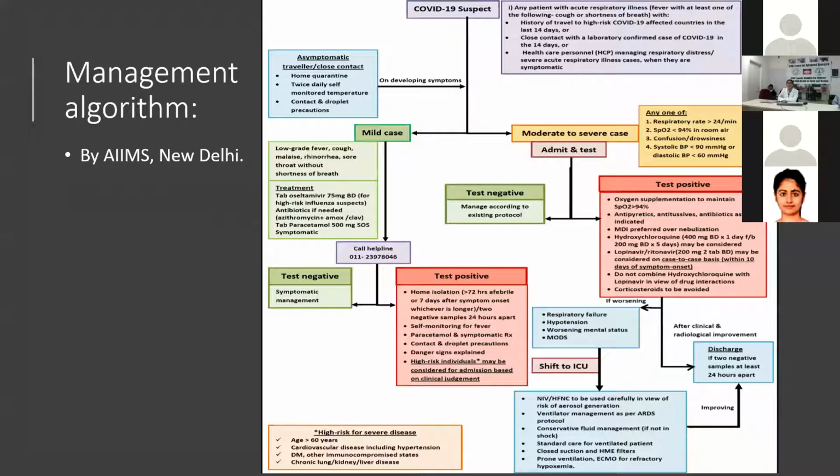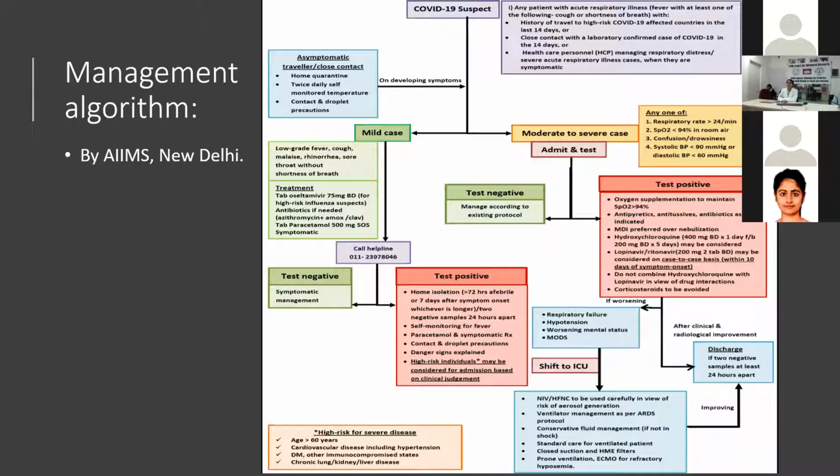This is a management algorithm that was given by AIIMS New Delhi. If you see any COVID-19 suspect, that is any patient with acute respiratory illness, fever with at least one of the following, that is cough or shortness of breath, with history of travel to affected countries in the last 14 days, or a close contact of a laboratory confirmed case, or a healthcare personnel managing respiratory distress.